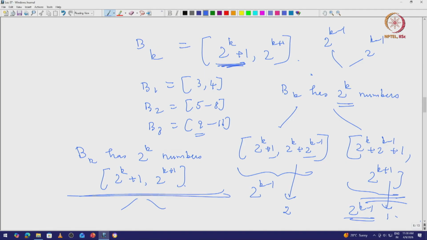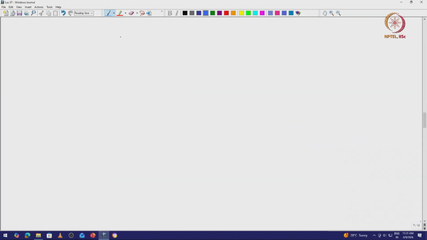How do we show this? What we have, as before, is the following: D of n is equal to D of ceil n by 2. Now, the difference is not always 2 in this case.